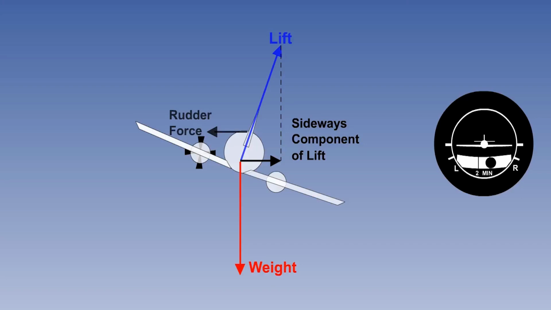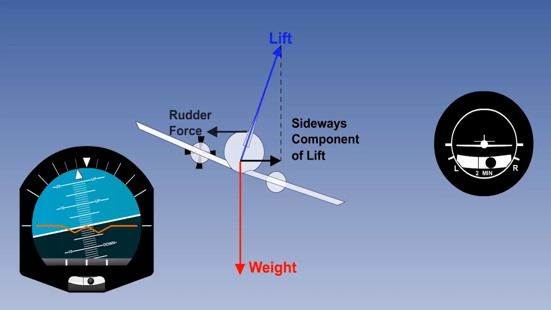Banking towards the live engine also reduces the side force on the fin from side slip, which effectively reduces the yawing moment and gives more rudder authority to stop the yaw. The cockpit indications on the turn coordinator will be no turn, but the ball will be out to the right. This is the corollary of the indication in the wings level method, there being no side slip, but the ball is not central.